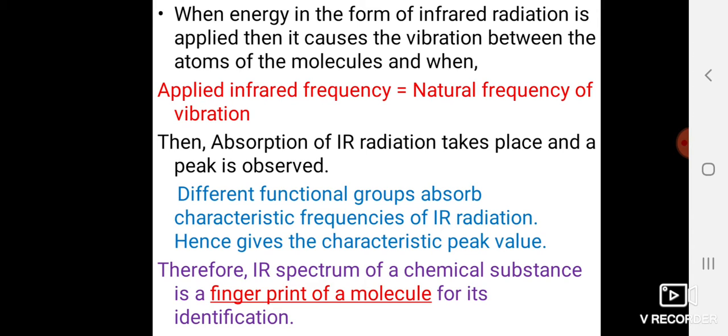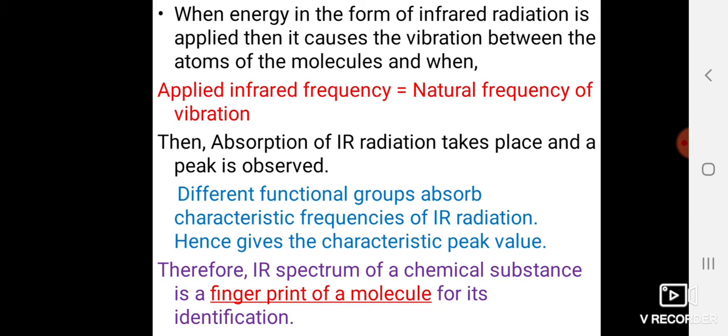This extra energy in terms of IR, when it falls, changes the natural frequency of vibration to an applied IR frequency of vibrations. So with the applied IR, absorption of radiation takes place, and a peak is observed, which is the difference with respect to the vibration observed. Different functional groups absorb the radiations at a particular frequency and give characteristic peak values.